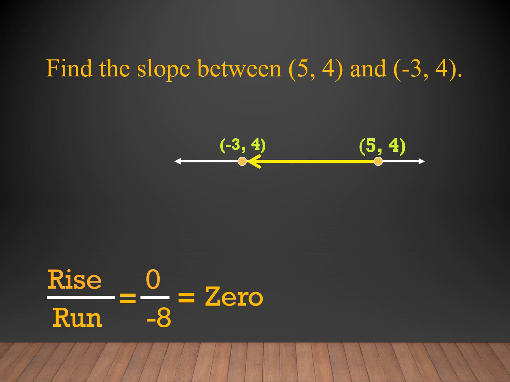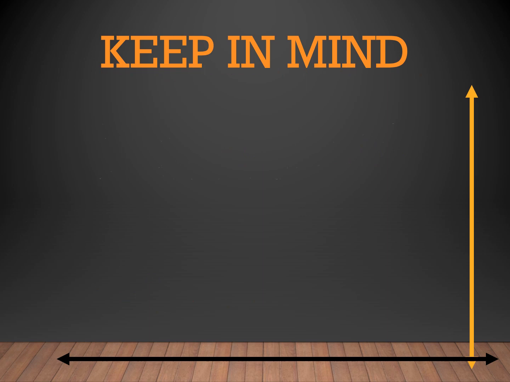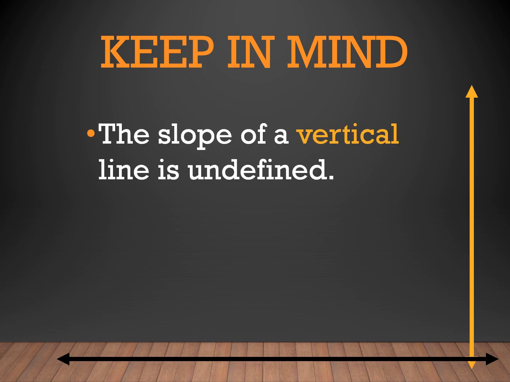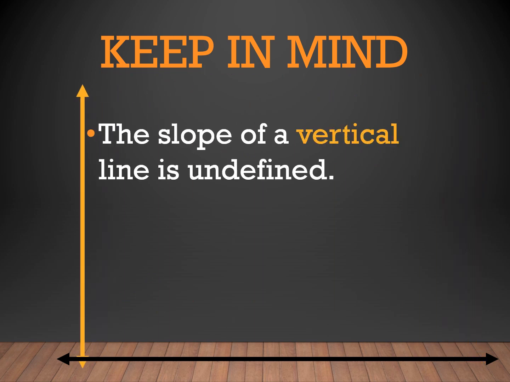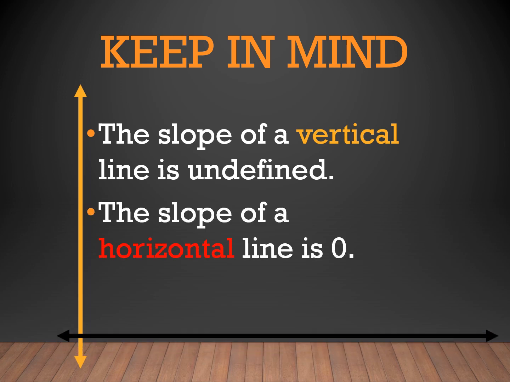So any horizontal line is going to have a 0 slope. Keep in mind, the slope of a vertical line is undefined, and the slope of a horizontal line is 0.